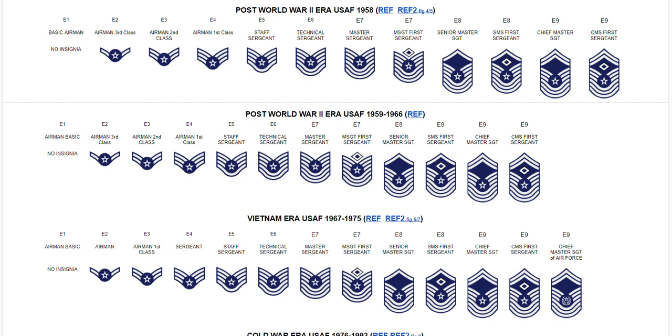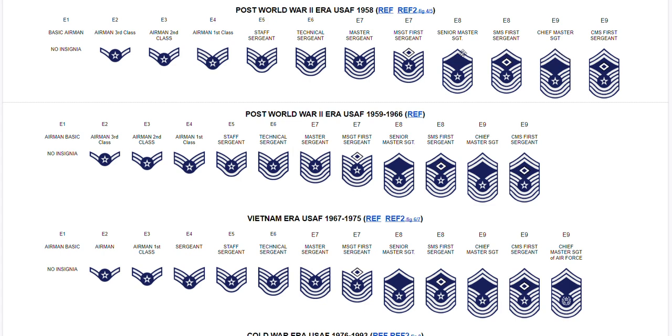E1, 2, 3, all that's the same. They did add the first sergeant at the master sergeant level, right? The E7 level, and at E8 is a new level, the senior master sergeant, and the E9, the chief master sergeant. And so they just took the existing E7 master sergeant stripes and added these top rockers, these top chevrons, I mean, right?